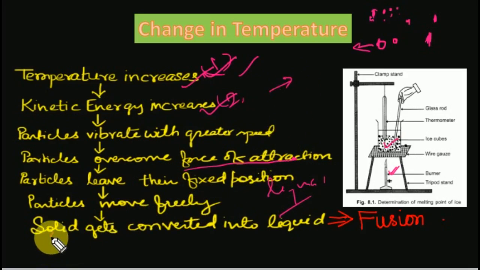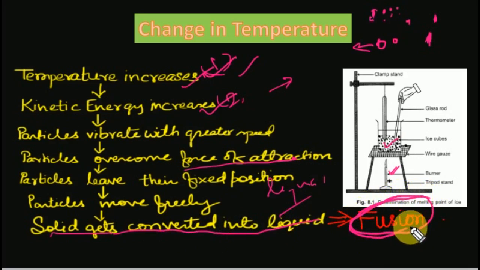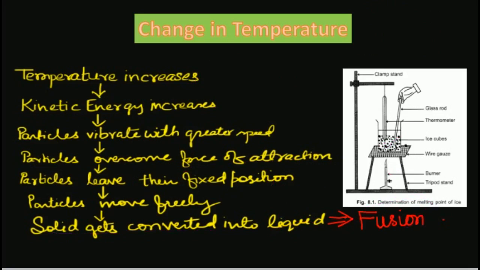So solid gets directly converted into liquid, and this process is called fusion. The process of conversion of solid into liquid is called fusion. So this is the change in temperature in the case of solid getting converted into liquid. Now we will see the next slide.